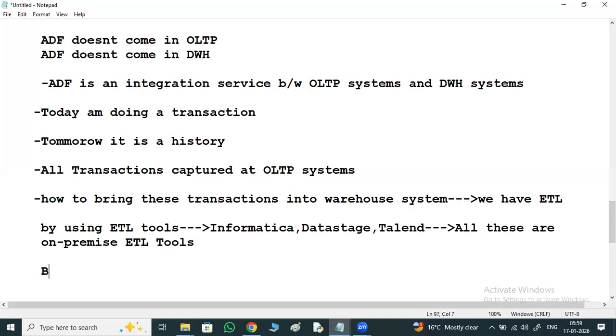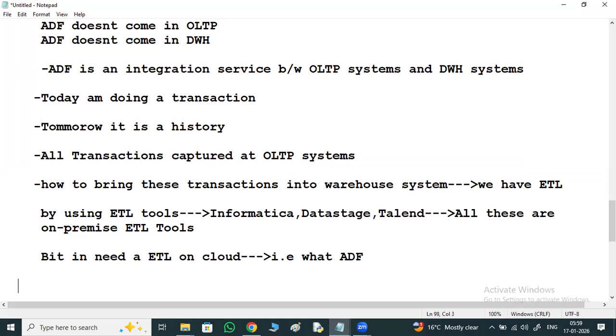But I need an ETL on cloud. That is ADF, Azure Data Factory.